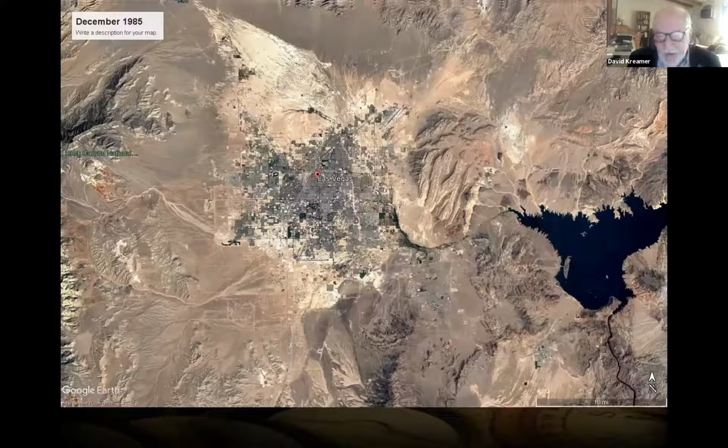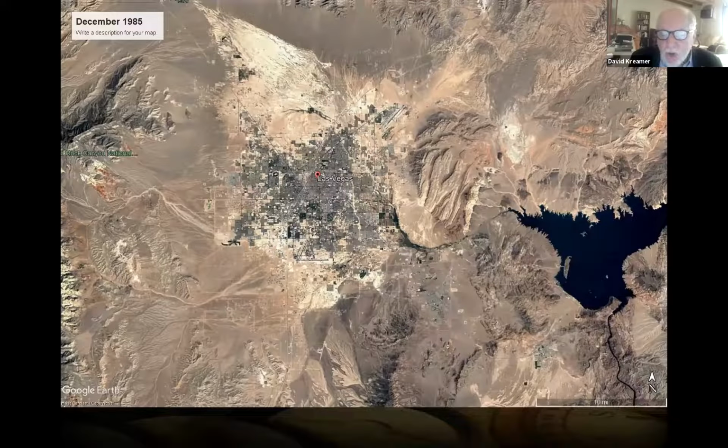Like Africa, the population growth has been immense. This is a satellite shot of Las Vegas, Nevada, which is right off the Colorado River in December of 1985. Also, you can see off to the right of the shot, Lake Mead, which is along the Colorado River.